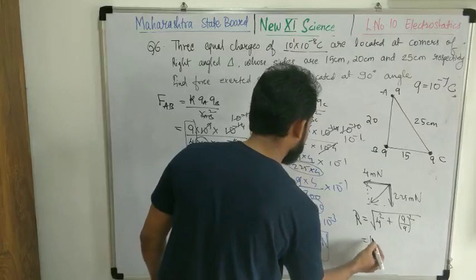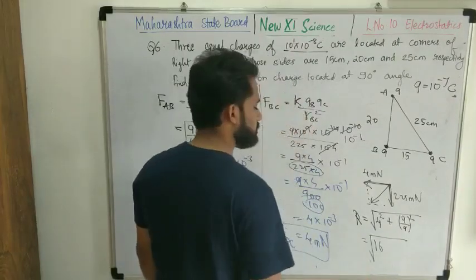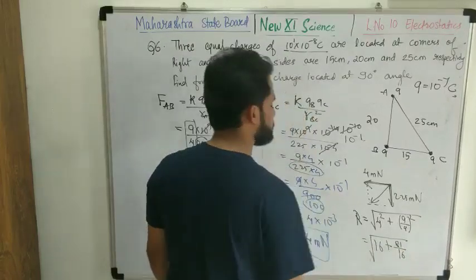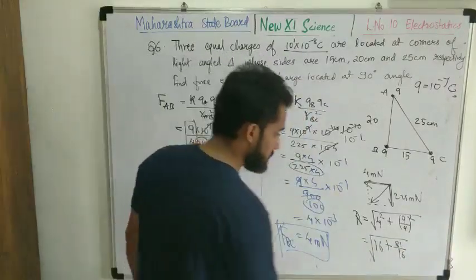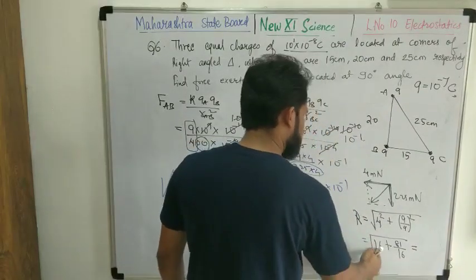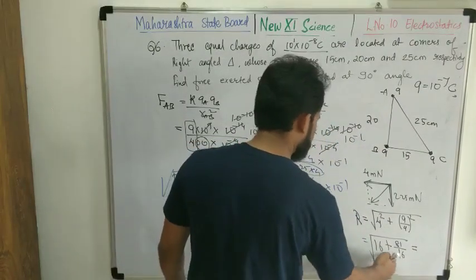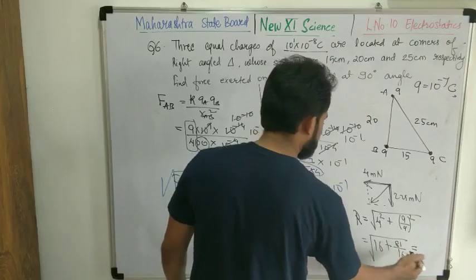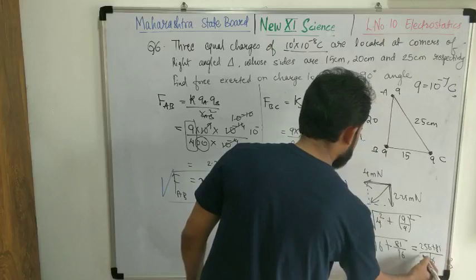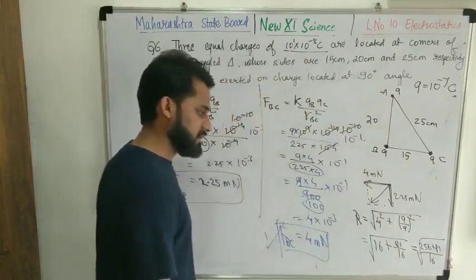And that will give you 16 plus 81 by 16, and that is, 16 16s are 256. So the square root of 256 plus 81, upon 16, will be the answer.